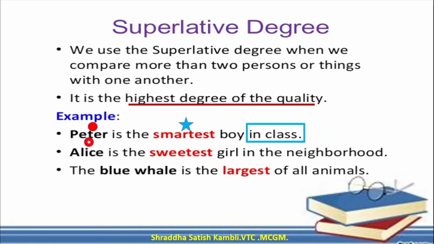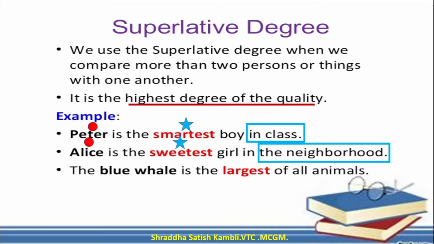Alice is the sweetest girl. Where? In the entire neighborhood. So Alice is the best girl. She is the sweetest. She is very well mannered. So there is no other person who is as well mannered as Alice. In the first case, there is no boy in the class who is as smart as Peter. So it is the highest degree.